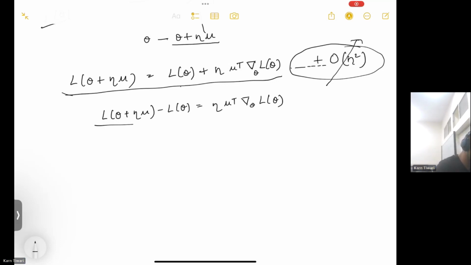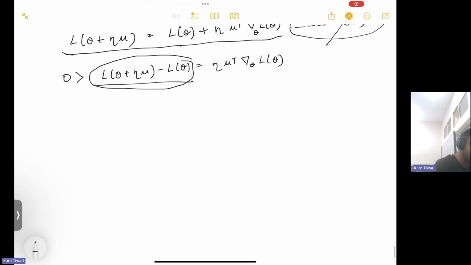This quantity is basically: I am at a theta point, I want to take an update to the next step, and I want to decrease the loss value. So this whole quantity should be less than 0.